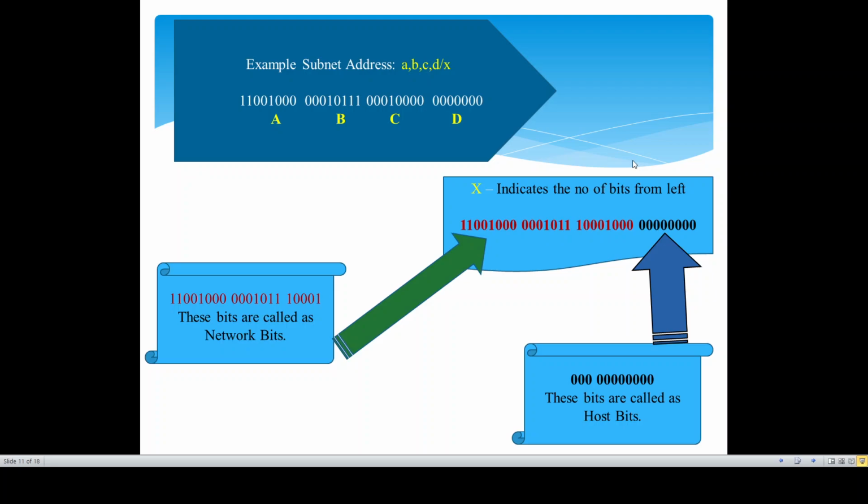So here it is a combination of zeros and ones. 4 octets are available for the IP address, divided into A, B, C, D. Here the X indicates the number of bits from the left. Whatever the values present on the left hand side are called the network bits, and the balance bits are called the host bits.